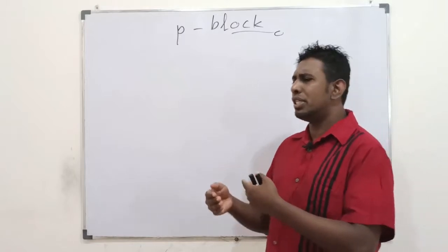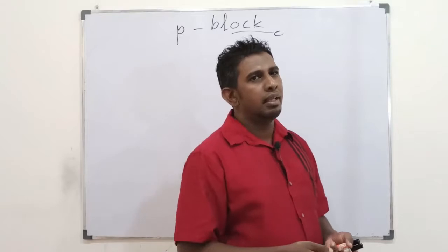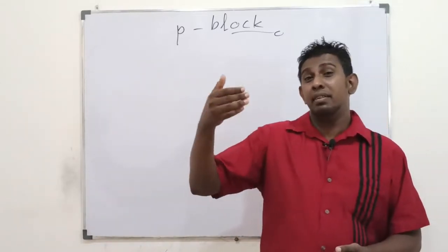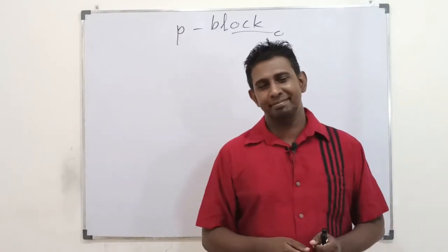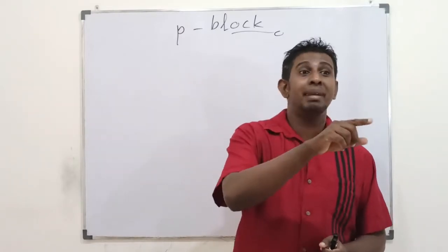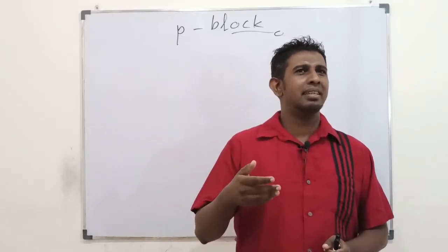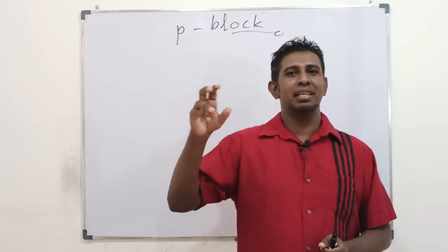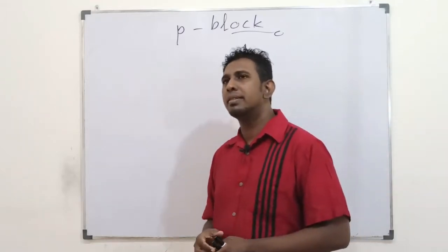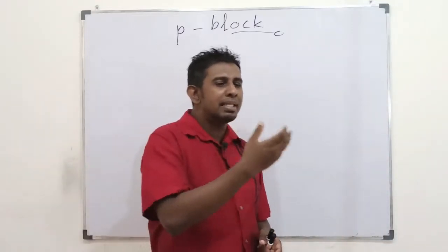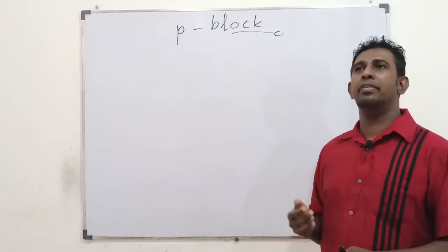Then when you check their chemical properties, let's say the oxides they form, there is a general fact. Metallic oxides are basic. Non-metallic oxides are acidic. Then are metalloid oxides something else? No, it's not. Students, this is a general fact: metals generally form basic oxides and non-metals generally form acidic oxides.